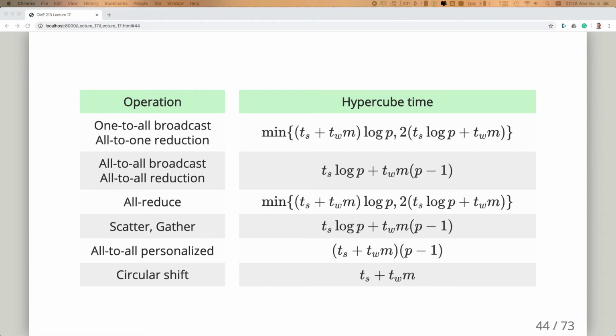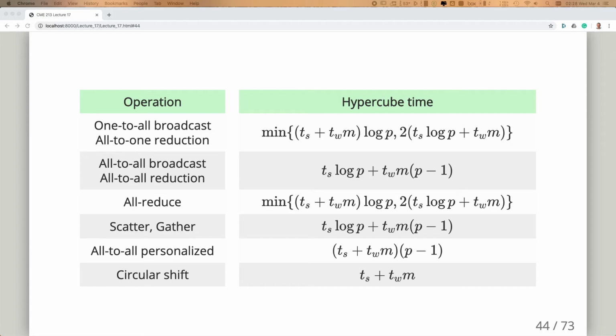But now if you send a lot of data, if you send a gigabyte, then this latency becomes negligible, and now the running time simply becomes linear in the amount of data you're sending. That can make sense. Okay.